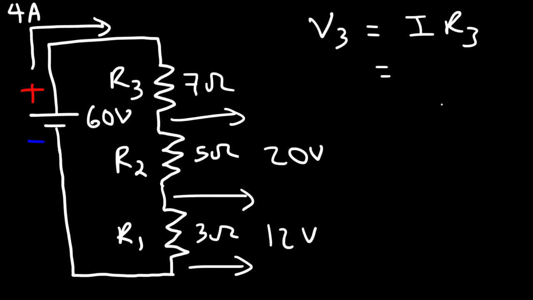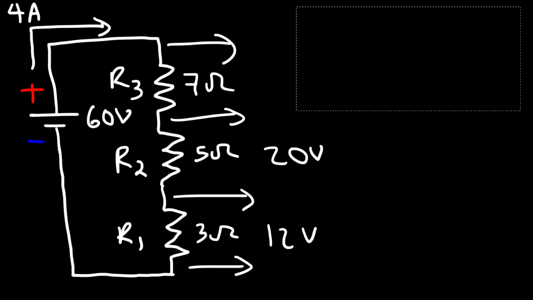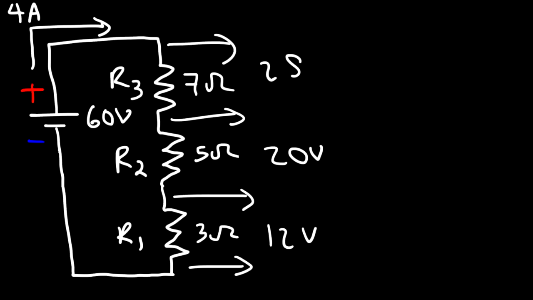And so in a series circuit, the same current flows through all 3 resistors because there's only one path for the current to flow. So I is the same for all 3 resistors. R3 is 7. 4 times 7 is 28. So we got 28 volts across R3.